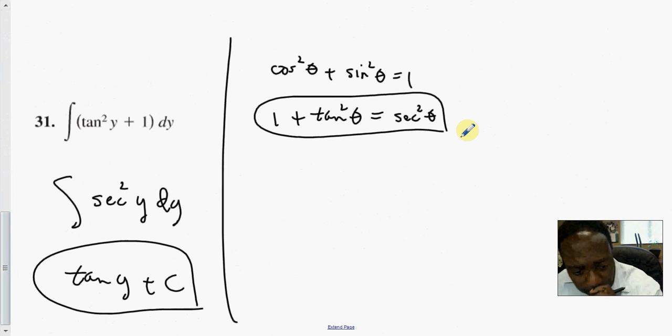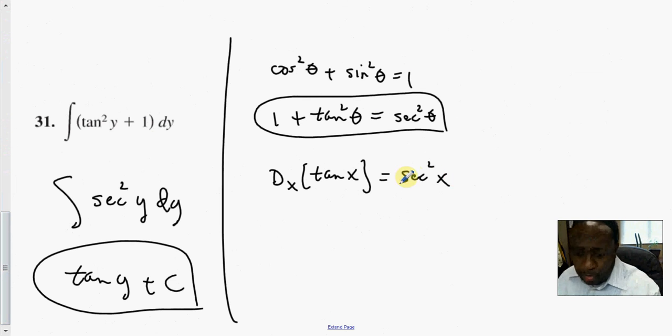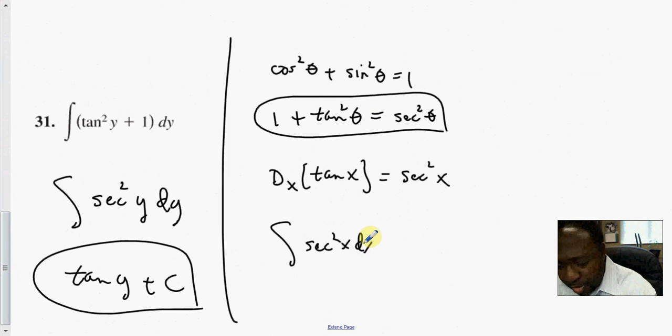And we know that the derivative of tan x is equal to secant square x. So then the integral of secant square x dx is this term here, tangent.